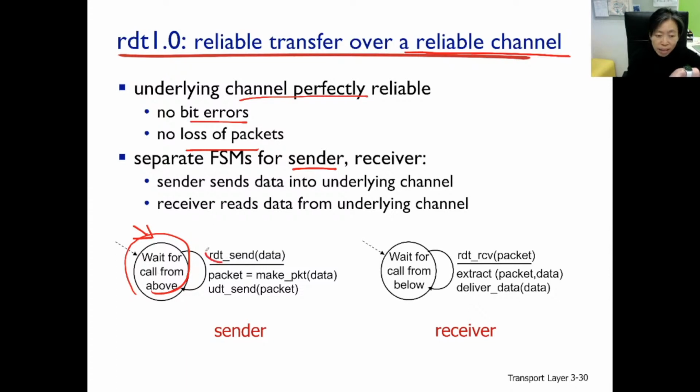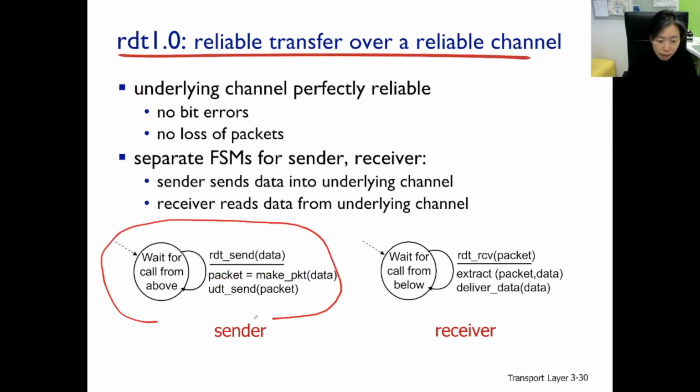So the call from the sending process is RDT send. When you run into this event, the sender would generate a packet out of data. Data is the thing coming from the application, and the packet is generated to be pushed out. To push down, we call UDT send. So this is the FSM at the sender side.